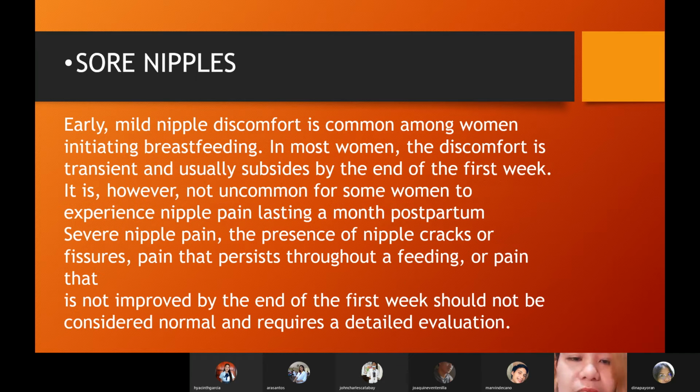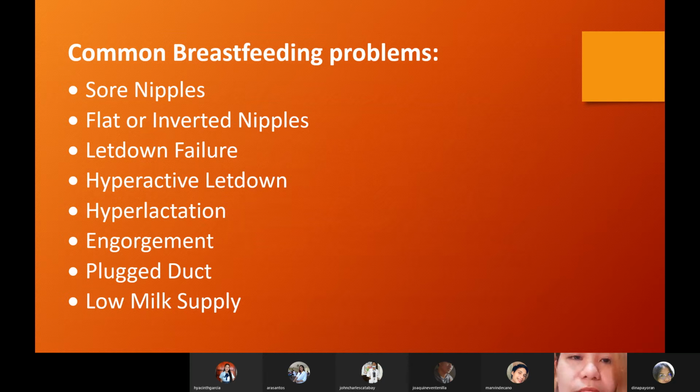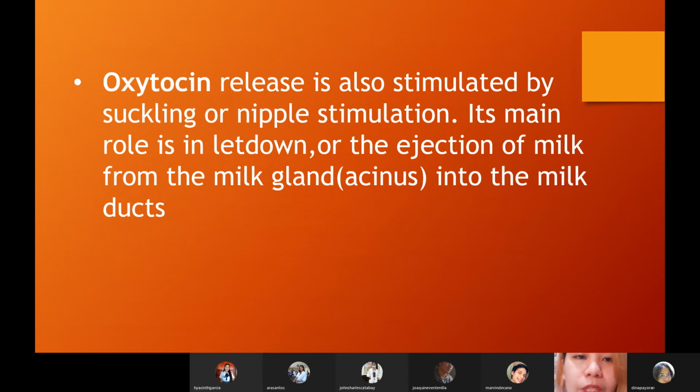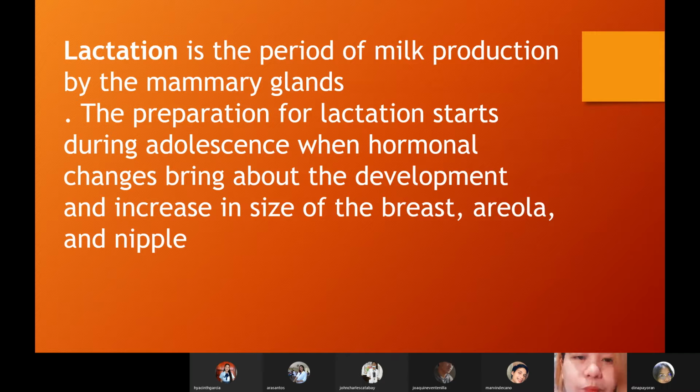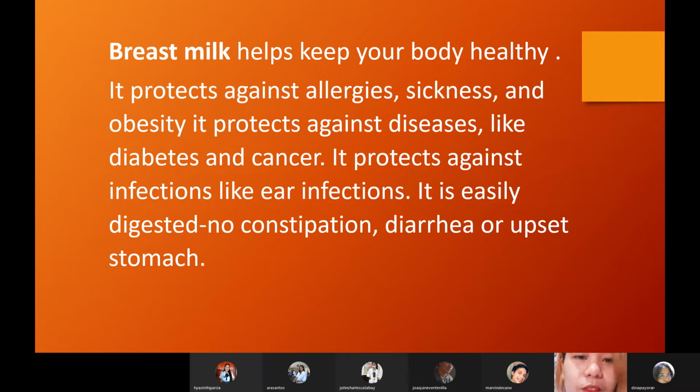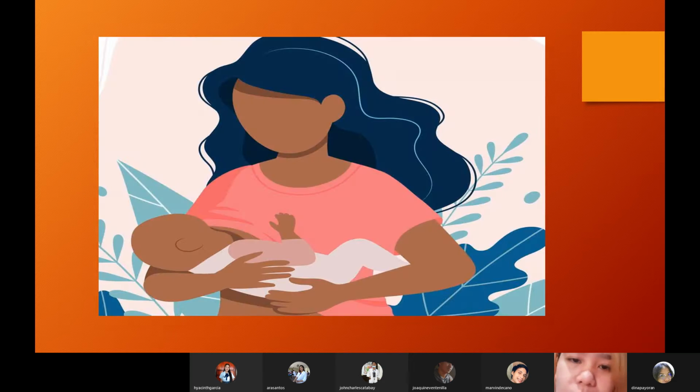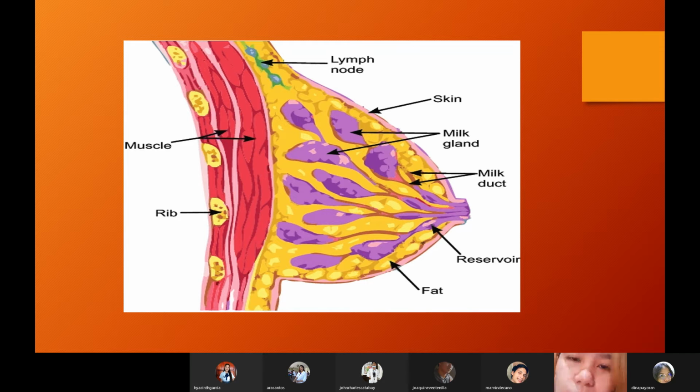Let's go back to the anatomy of the breast so that I can explain it more clearly. So here, this is the nipple. Instead of pointing outward, in flat or inverted nipple, it is pulled inward. In other words, the nipple is inside, inward instead of outward.